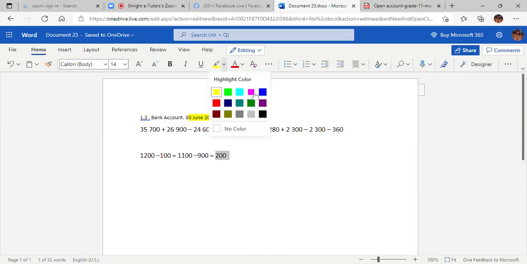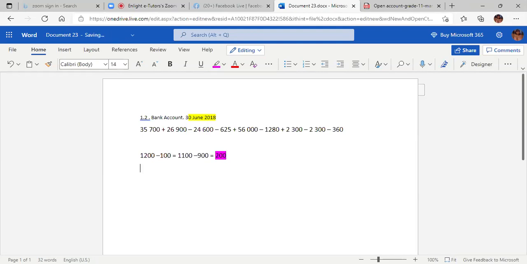Okay, if you edit, let's make an example for when you edit. Enter. You have 1,200. No, I don't want to highlight that amount. You are left with 200.